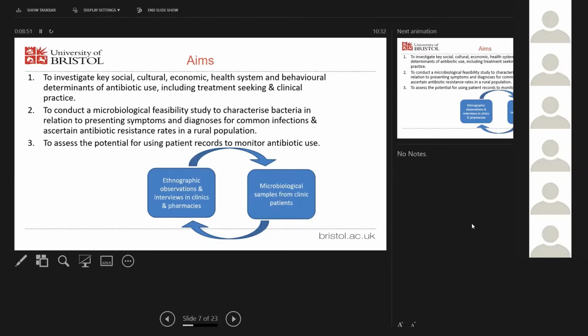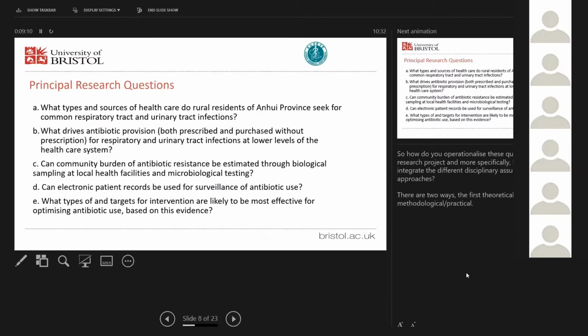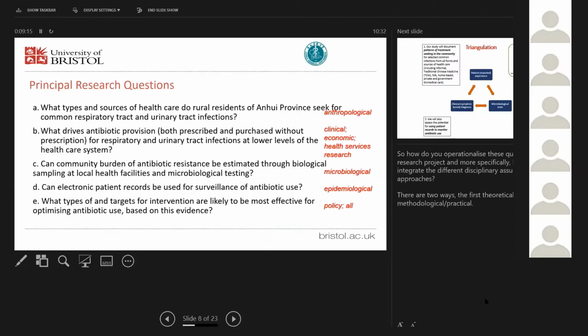So if you think about those questions, you'll see you can broadly divide them into different disciplinary areas: social science for the first one, microbiology for the second, and epidemiology for the third. And likewise, in terms of our list of principal research questions, we can, broadly speaking, tag them as relating to different disciplinary domains, all of which were included in the co-investigators for this study.